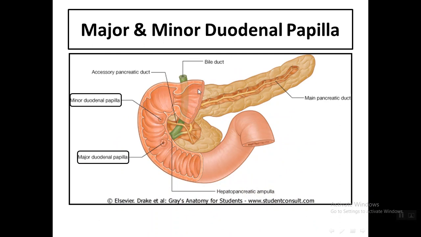Then the common bile duct will open in the second part of the duodenum. The bile duct and the pancreatic duct may unite to form what we call the hepato-pancreatic ampulla. This ampulla will cause an elevation in the mucous membrane of the duodenum called the major duodenal papilla.